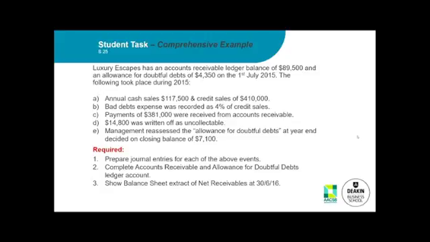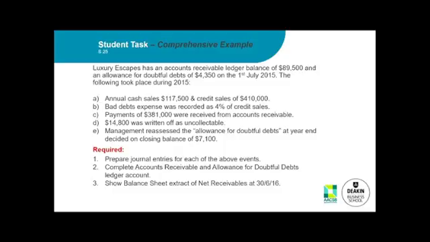All right, so the next thing that we're going to look at is a comprehensive example, putting everything into one big illustration. So we have a company called Luxury Escapes, and they have an accounts receivable ledger of 89,500. An allowance for their doubtful debts is 4,350. They had sales, cash and credit, a bad debts expense, payments.